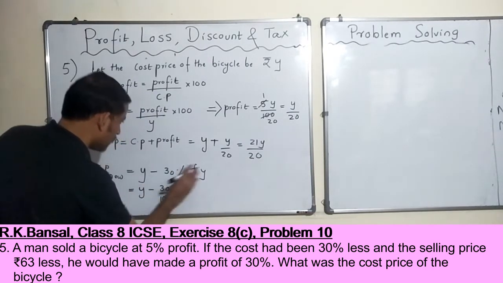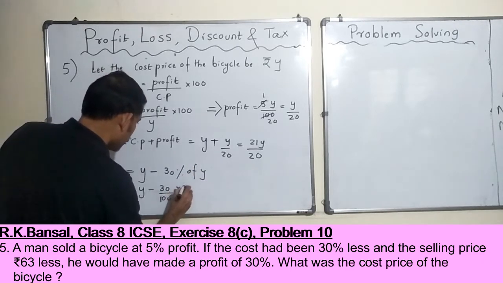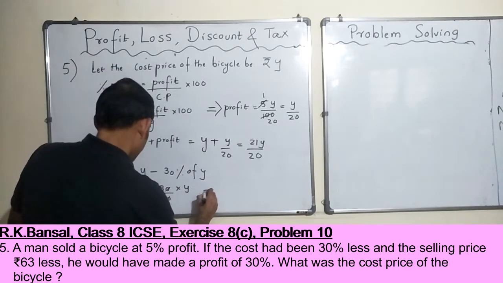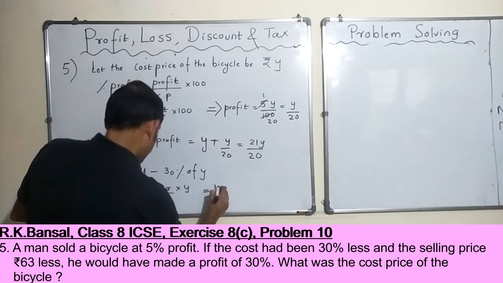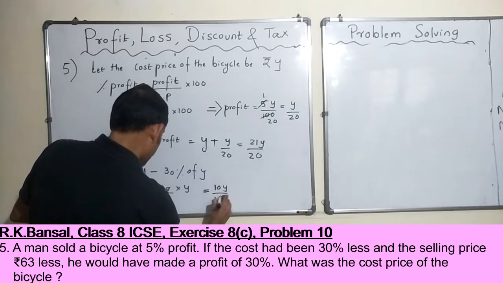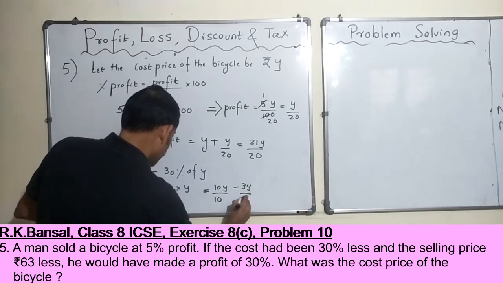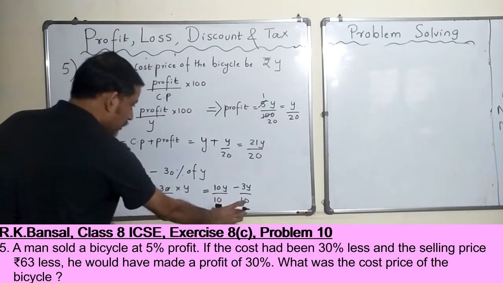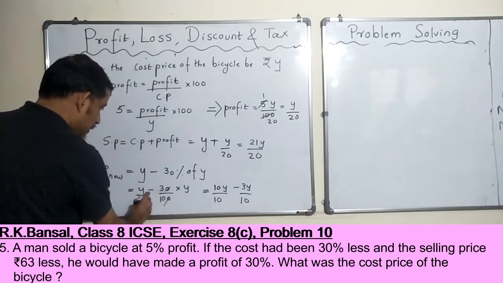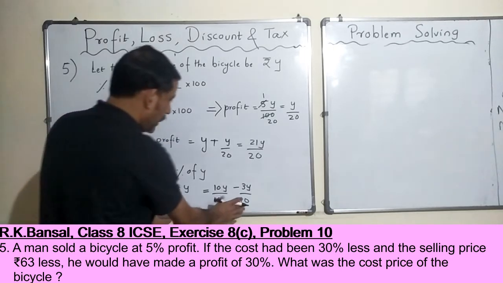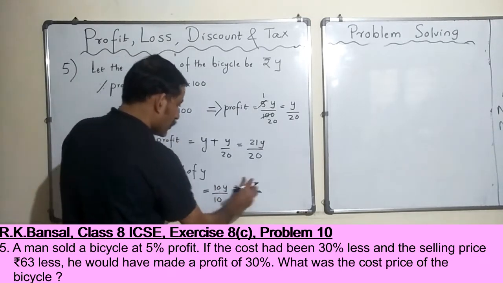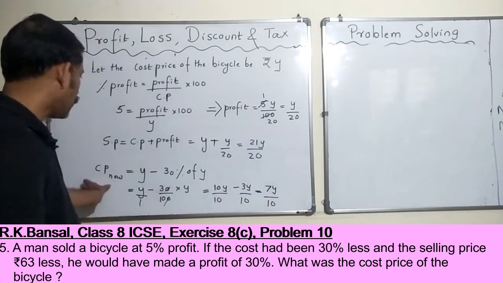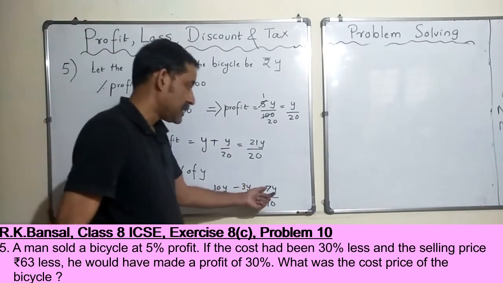Remember percentages, 30% of something, 40% of something, right? Take the LCM of the denominator so that I can write both of them together in the numerator. I am writing this step here so that you are all with me. So it is 7y by 10. So the new cost price is 7y by 10.